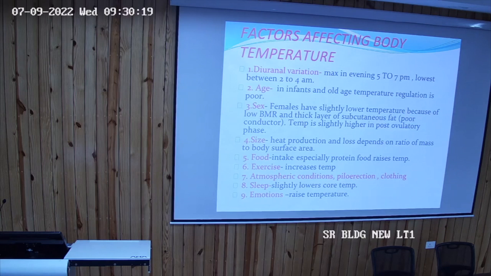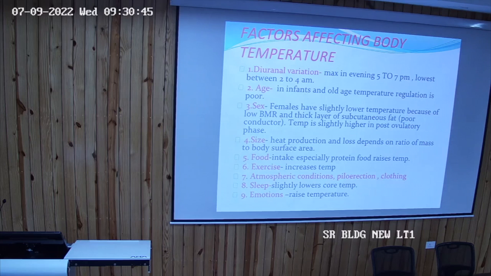So this is a non-invasive method for ovulation. If during the whole cycle the oral temperature is recorded in the early morning, it will slowly increase and reach the post-ovulatory day. The increase in temperature will be how much? 0.5 degree centigrade or 1 degree Fahrenheit.